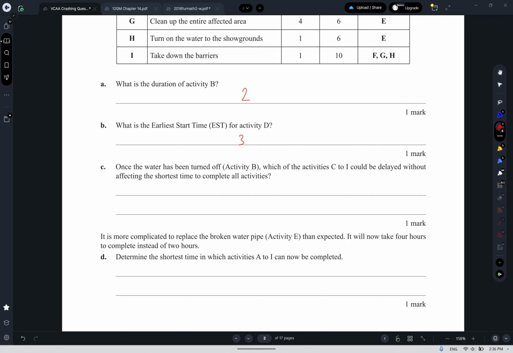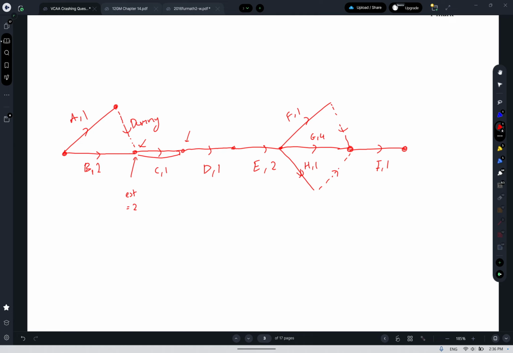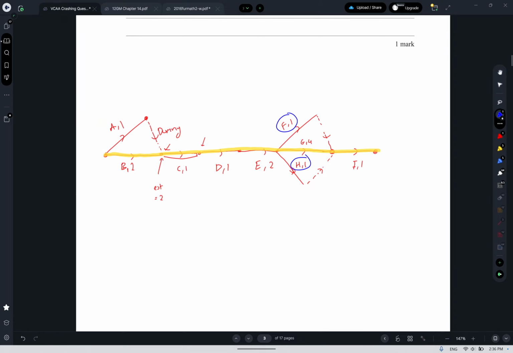So it looks like the only ones that can be delayed are going to be F and H. The critical path through this graph goes through B because it's longer, then C, D and E, and then the 4 is the longest route. So the only ones that can be delayed are these ones here, F and H.